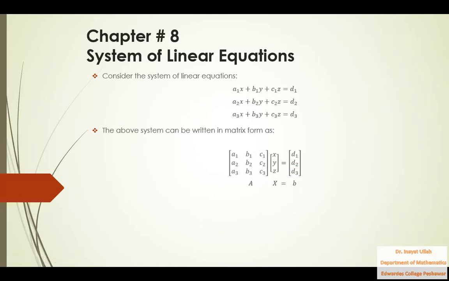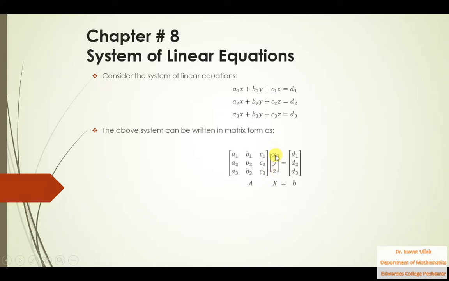We denote the first matrix a1, b1, c1 and this whole matrix by A, because this matrix contains all the coefficients. These are the coefficients of variables, so that's why this matrix is called the coefficient matrix. And this matrix contains only one column, so this is called a column matrix.